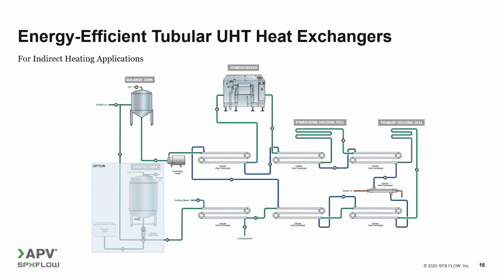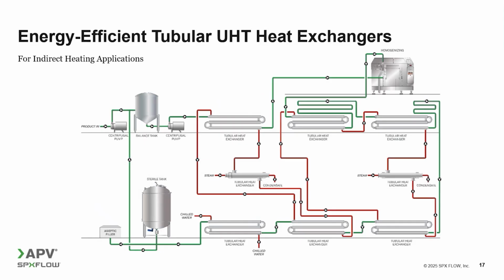87% or even higher. In this slide, we are looking at another generic schematic of another tubular UHT system. But this time, we can see a notable difference because we've got two closed water loops instead of just one.